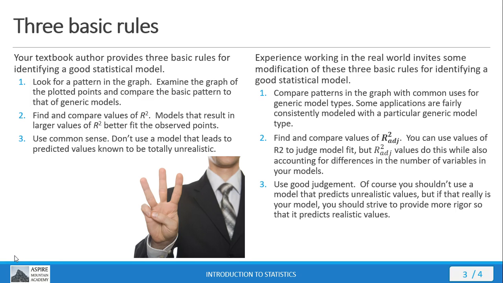Again, if you've got data points that are known to be bad, don't be using them in the model. Take them out. This is where good judgment comes in. Common sense is just looking at the prediction and saying you don't want to use the model if it's totally unrealistic. But good judgment would say, if your model's unrealistic, let's go back and see what's wrong with the data that's giving us the unrealistic model to begin with.